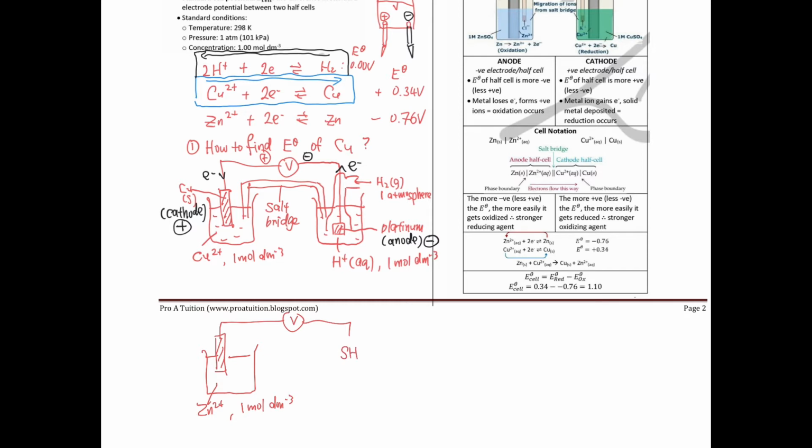Here I just do the SHE, standard hydrogen electrode. It is the same as the top one. Then you do a salt bridge to the other side, to the SHE. Never mind, I just leave it like this.